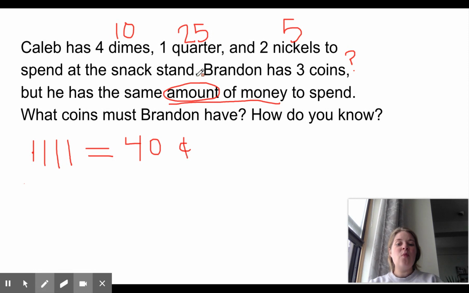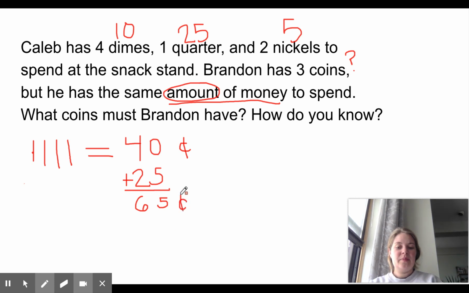He has 1 quarter. 1 quarter is worth 25 cents. We would add that up. 0 plus 5 is 5. 4 plus 2 is 6. So 65 cents.